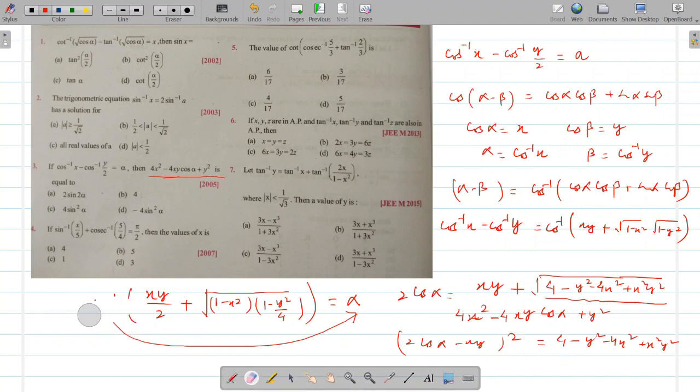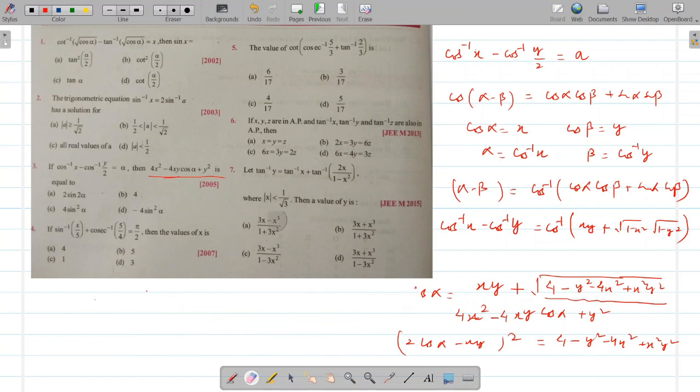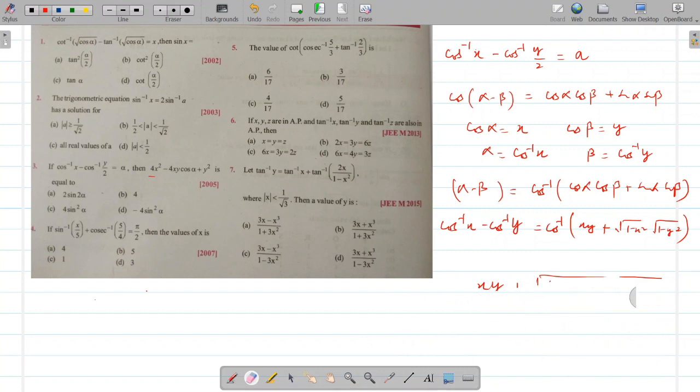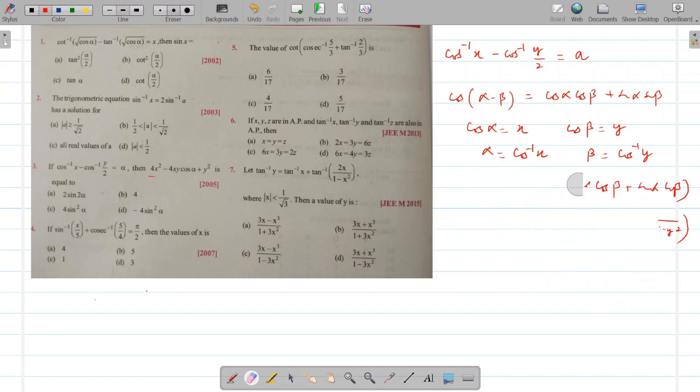Now we come to the next question, that is: sine inverse of x by 5 plus cosecant inverse of 5 by 4 is equal to pi by 2. Then find the value of x. It's a very easy problem.